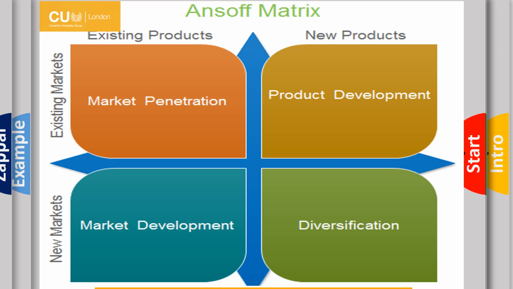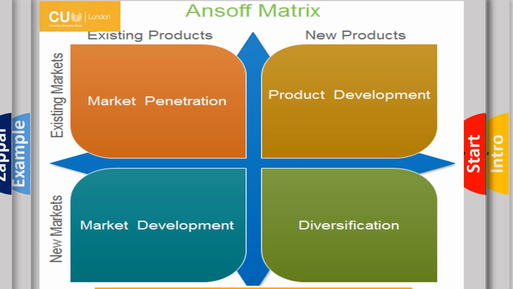When we're looking at the Ansoff matrix, we're really looking at the bottom side, the functional side, and we have to bear that in mind: how you're going to market your products to achieve your marketing strategy.